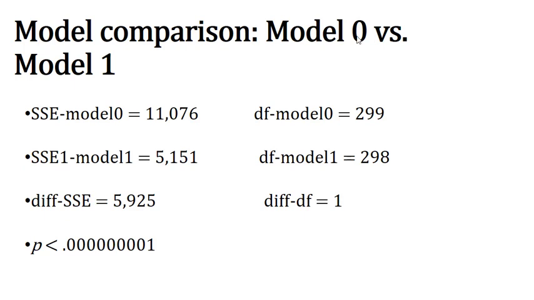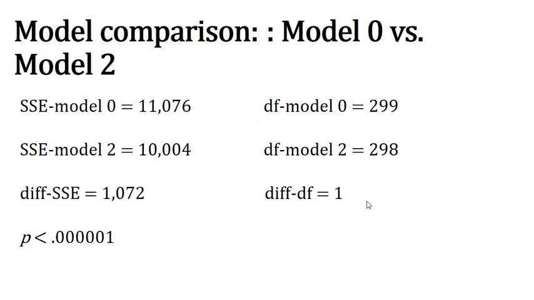Now we can compare model 0 and model 1 because model 0 had the beta 0 only, and model 1 had beta 0 and beta 1. So we get rid of beta 1 and we have model 0. So these models are nested. Model 0 versus model 2 again, because the difference is beta 2. If we get rid of beta 2 in model 2, we obtain model 0.